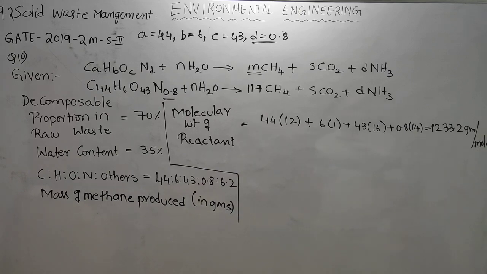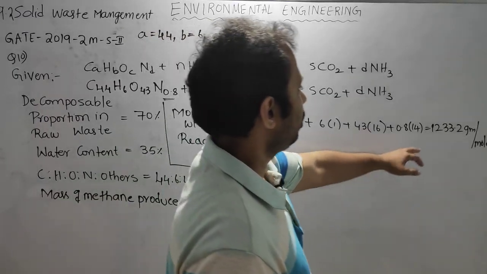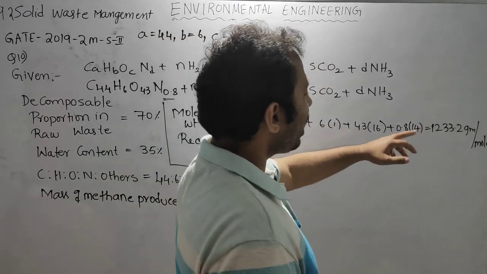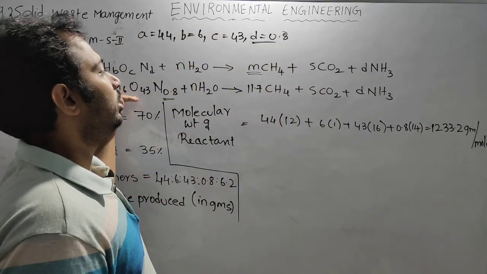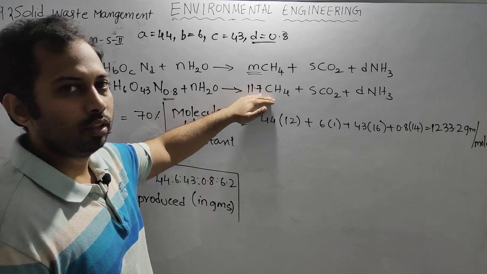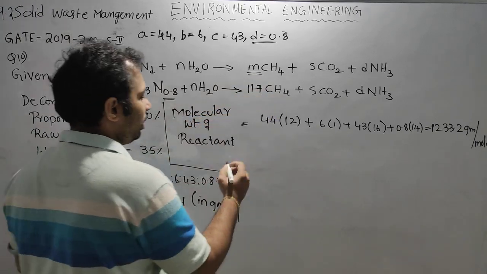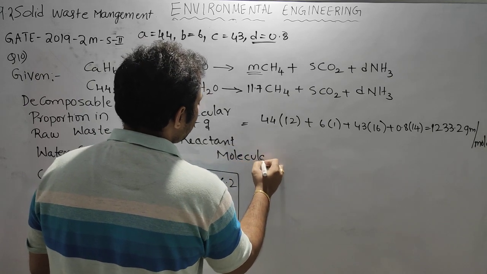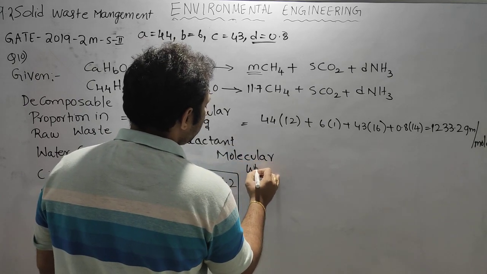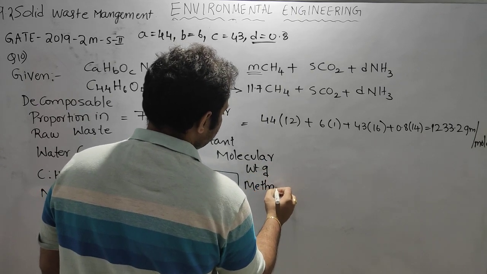Now, for this much, 1233.2 grams destruction of the solid waste, how much methane is evolving? Let us find the molecular weight of methane produced.